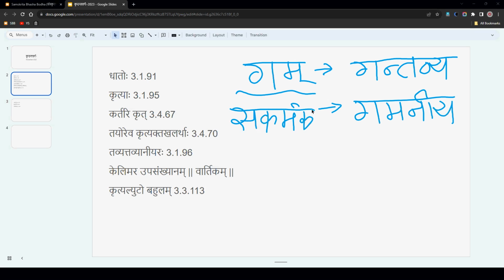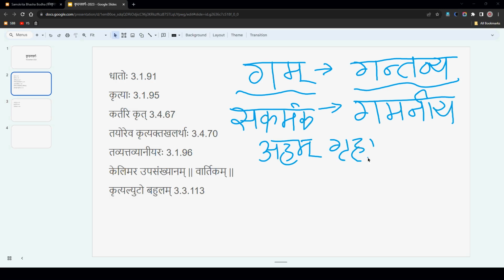Because we just now saw aham graham gacchami. There graham was the karmapadam. So there gam is sakarmaka, the thing which is being reached becomes the karmapadam. So in that example, aham graham gacchami, was that right?